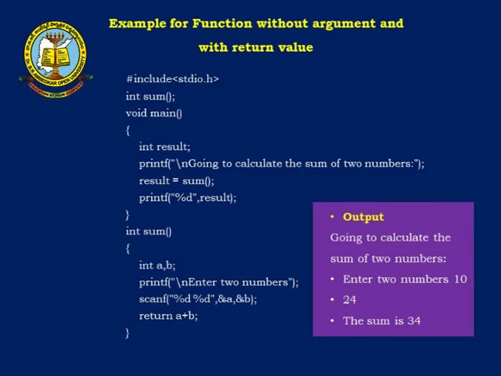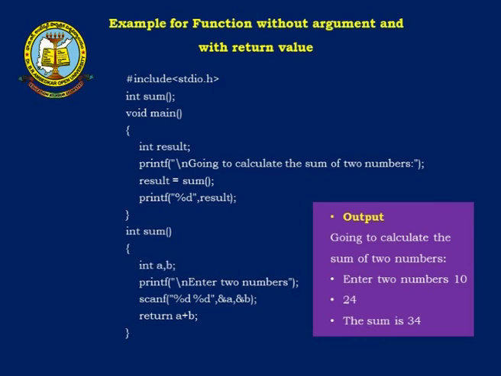Coming to the function definition, see this int sum, we must follow the same rule what we specified in the function declaration, and within that we are declaring the two variables a comma b, and here we are receiving the values dynamically. For that we are using scanf. After finding the sum of the two numbers, I want to return these values.